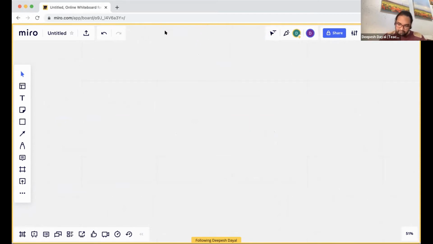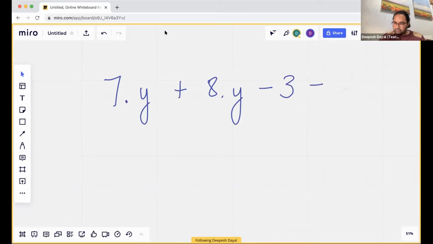So we've got here 7 dot y plus 8 dot y minus 3 minus 2 dot y. What does that give us? You can try that out.